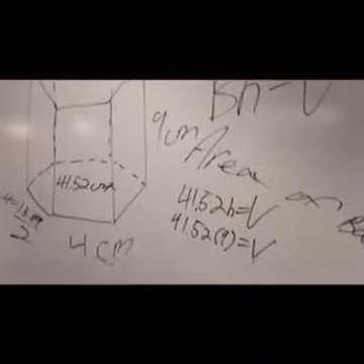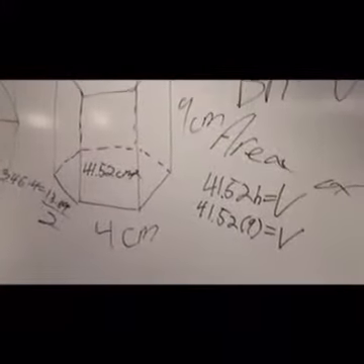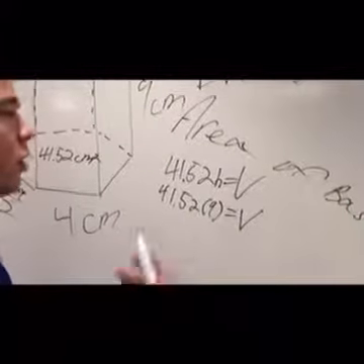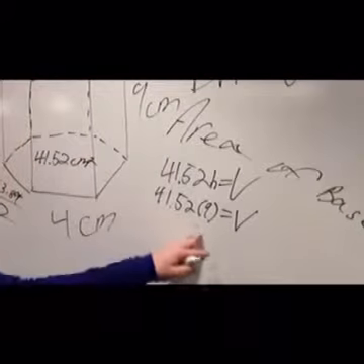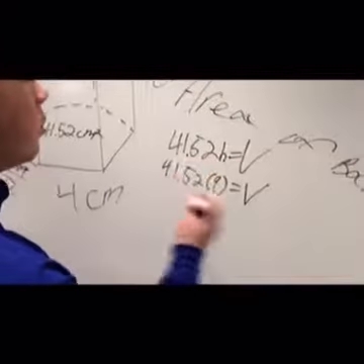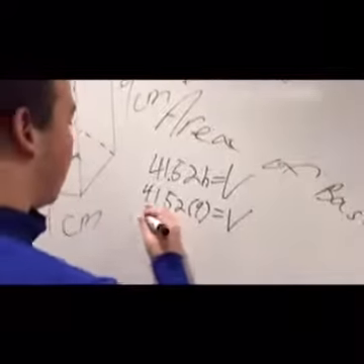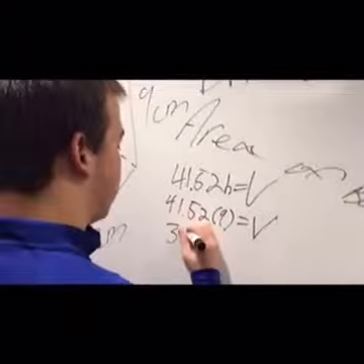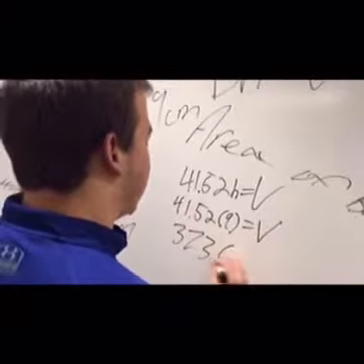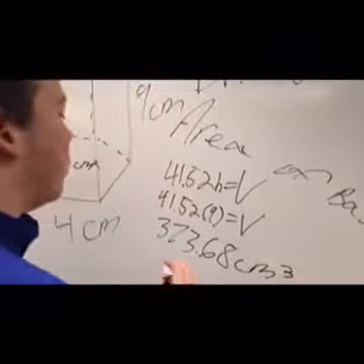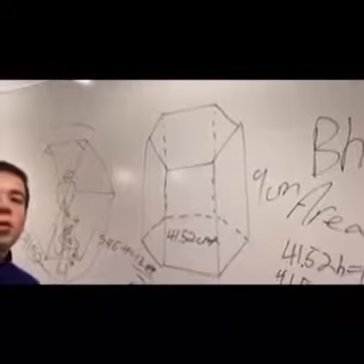If you've taken algebra last year, then you know whenever you replace something, you put parentheses around it. So by replacing the height, I put parentheses around the 9. After we do that, we multiply 41.52 by 9, which will give us 373.68 centimeters cubed. And that is going to be the answer to the volume of a rectangular prism.